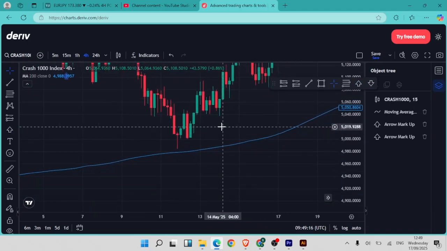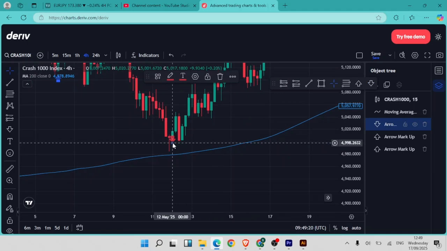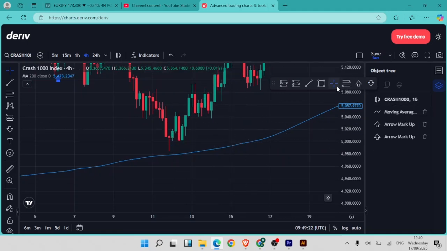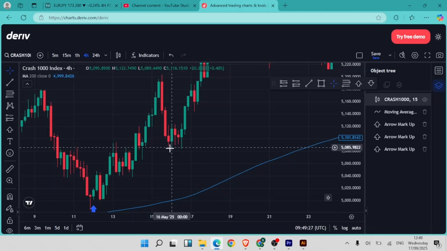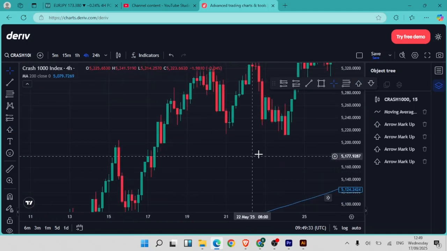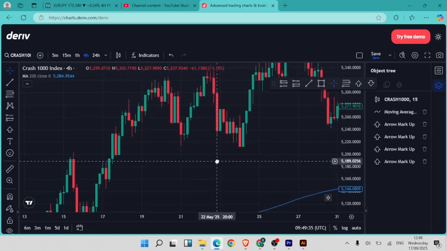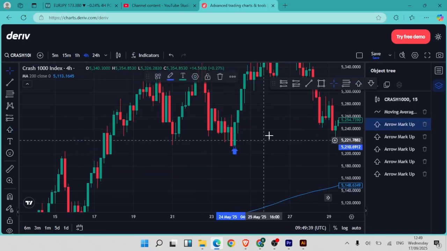Any other, you can see we had this as well, buy, right? So place a buy there, right? Bullish engulfing, this one, and the price is above the moving average, buy there. Which other area can you use this? You can see this, buy there, right?